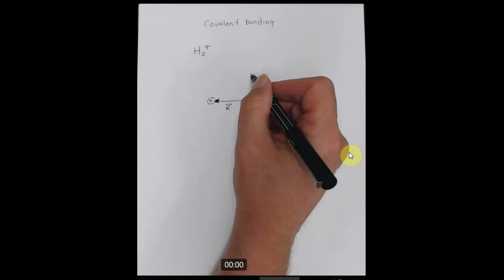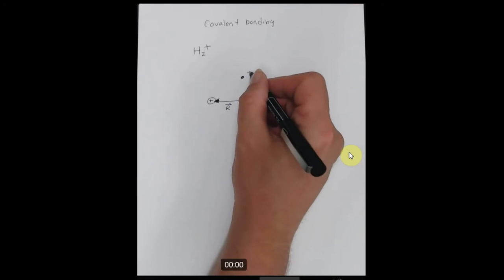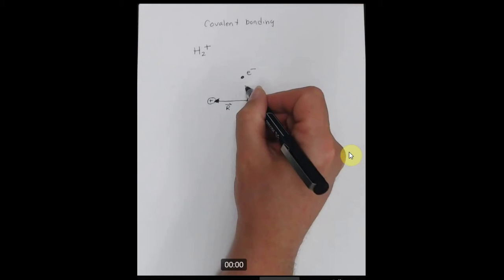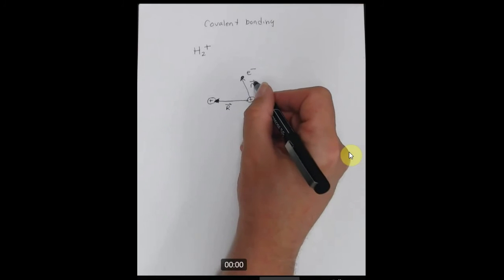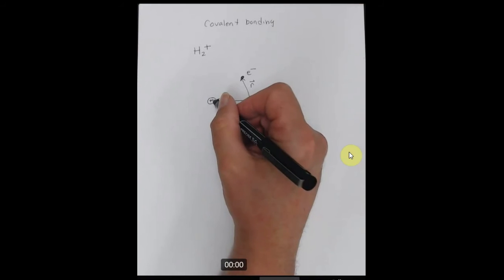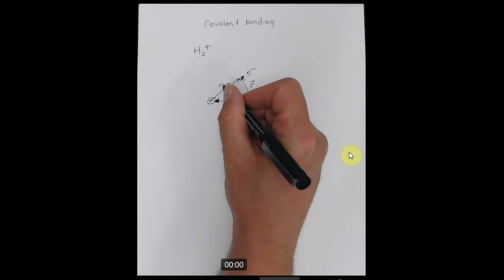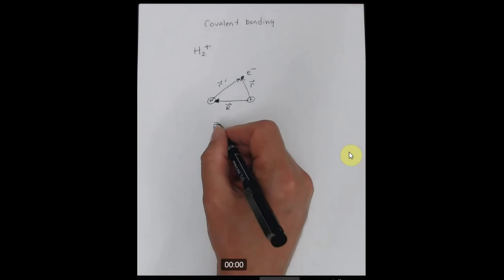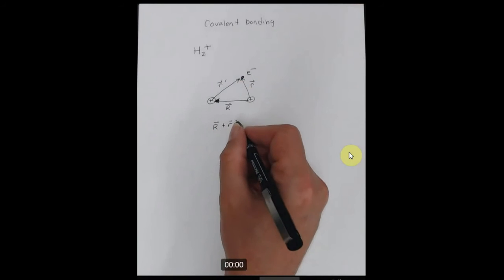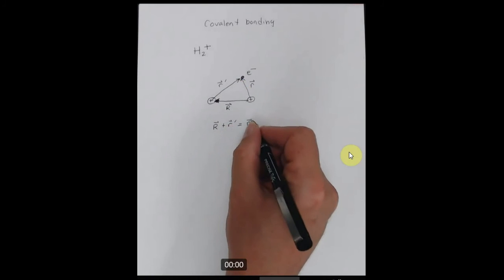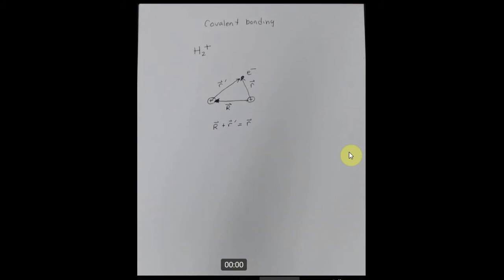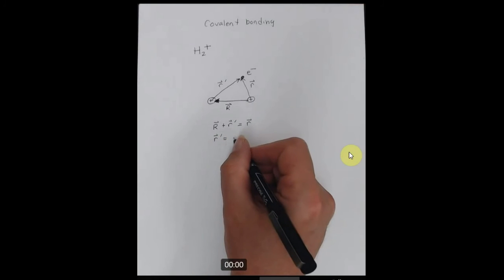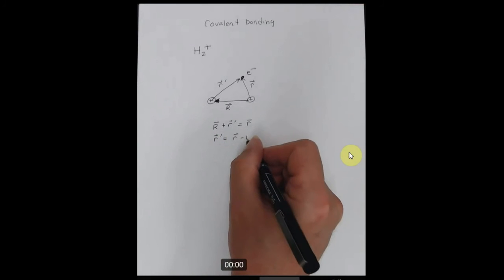And then we have our electron up here somewhere. From the origin up to that electron, let's call that little r vector. And from the other nucleus to that electron, let's call that little r prime. So we have big R plus little r prime equals little r. Let me write it like this: little r prime is little r minus big R.